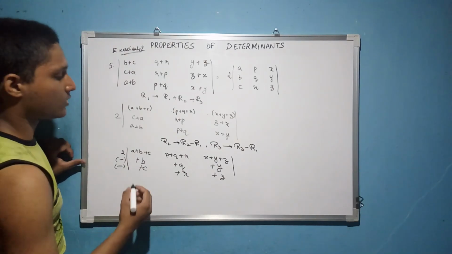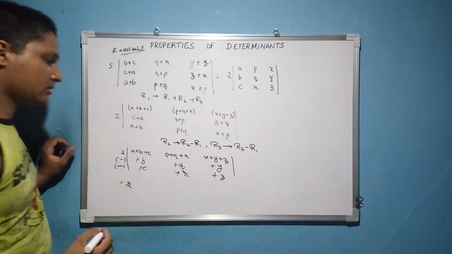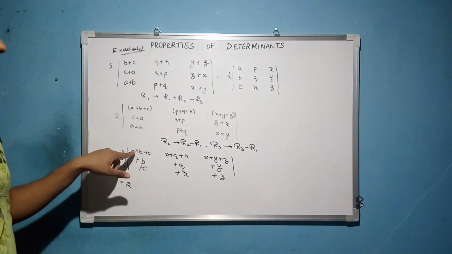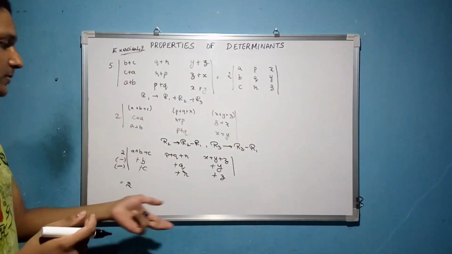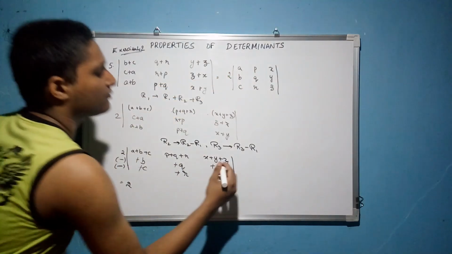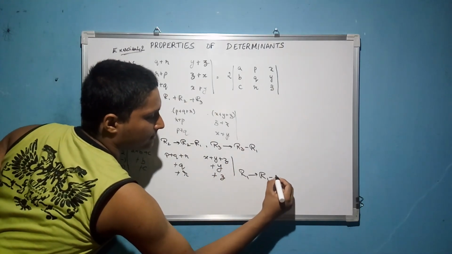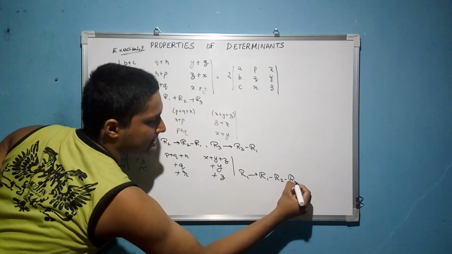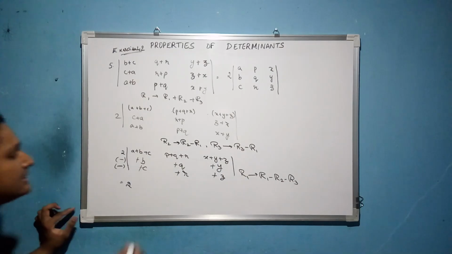So the next step, what I'm going to do here is, I need to convert this into A, P, X, not A plus B plus C, P plus Q plus R and all. So for that I need to write R1 becomes R1 minus R2 minus R3. Okay, that's it what we're going to do. That is the last step.